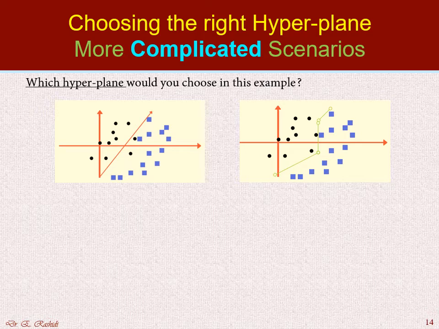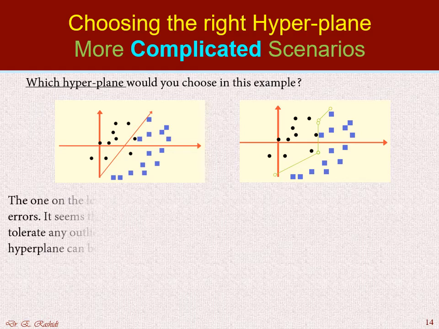The one on the right, however, is a set of partial hyperplanes connected to each other. It doesn't have any misclassification. However, it is difficult to find and difficult to identify. So it's going to be time consuming and process expensive to develop.